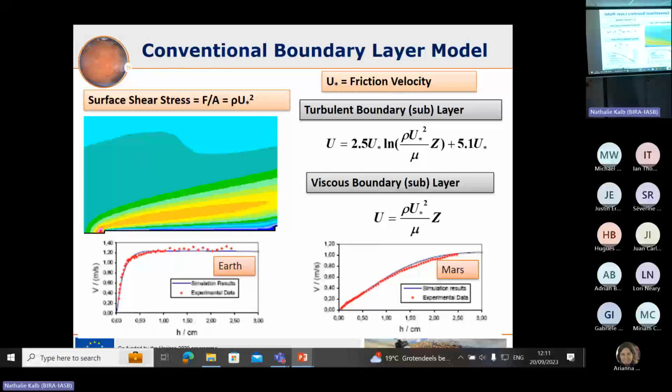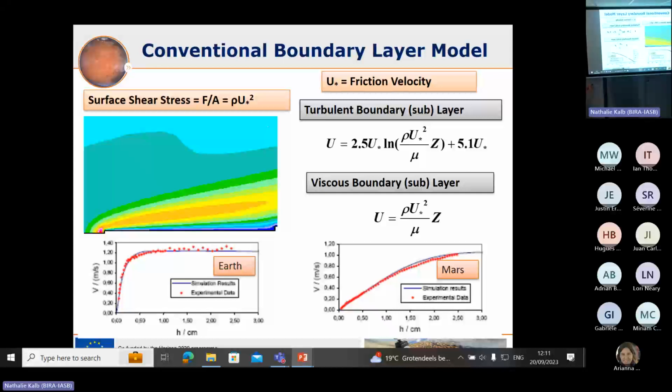And this turbulent layer, so on Earth, this viscous layer is very small. It's only a few millimeters, and normally is not really even visible. It's hard even to make measurements of it. Often the surface roughness on Earth is bigger than this viscous layer, so you don't really see it. The turbulent layer can be valid all the way from close to the surface, a centimeter, all the way up to a few hundred meters.